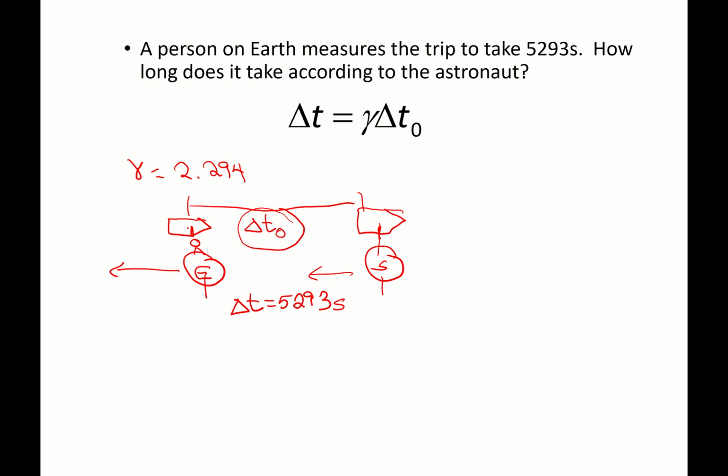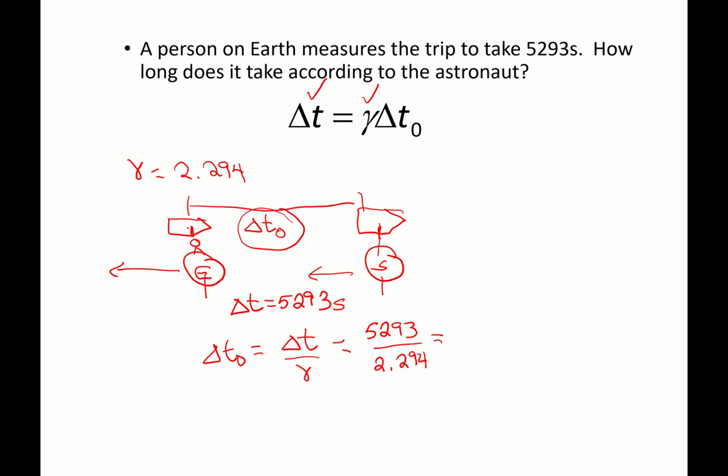So if I rearrange the equation at the top, I've got delta t and I've got gamma. So delta t0 is delta t over gamma. Delta t is 5293. Gamma is 2.294.